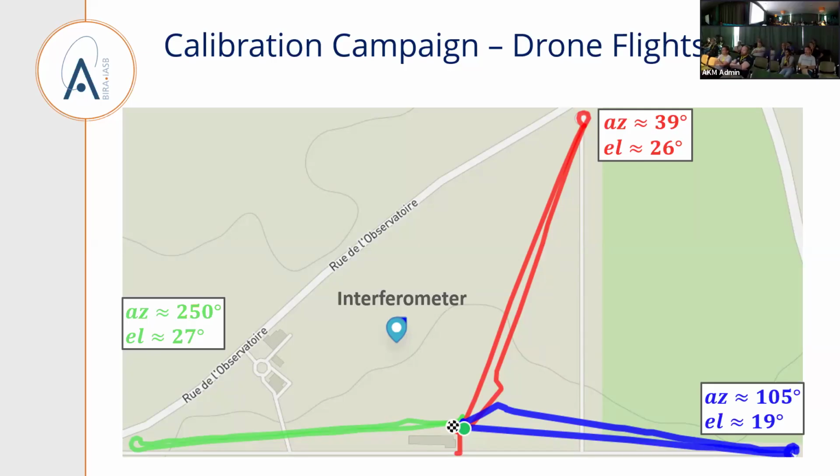And we have an azimuth value of around 105 degrees and elevation of around 90 degrees. And the third drone flight goes towards west here with an azimuth value of 250 degrees and elevation 27 degrees. 0 degree azimuth is of course towards north, just for reference.